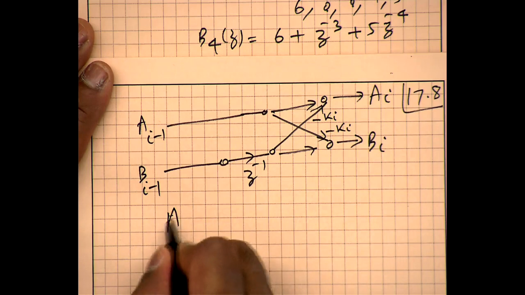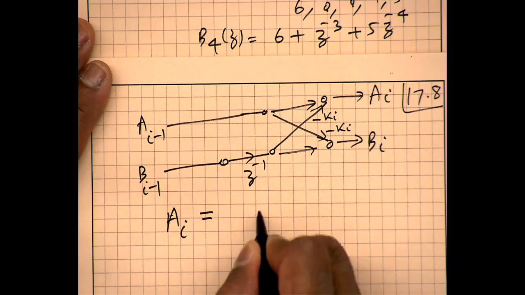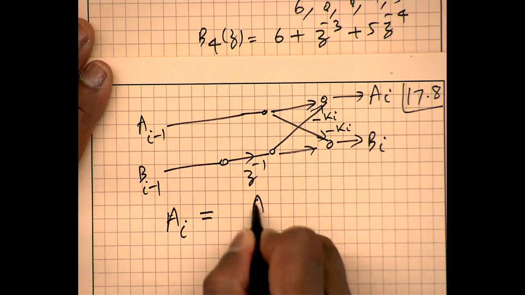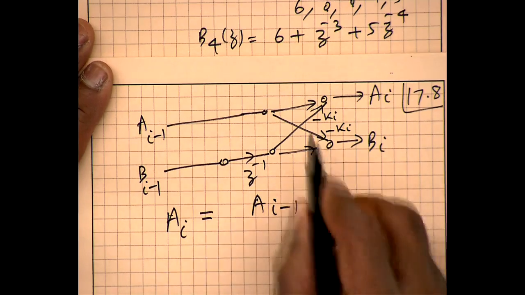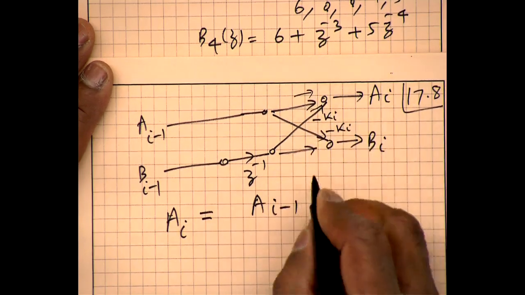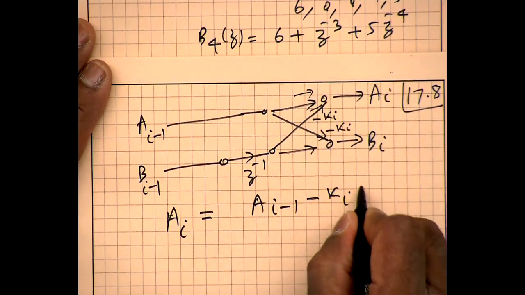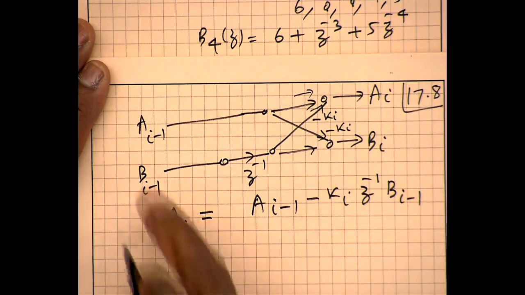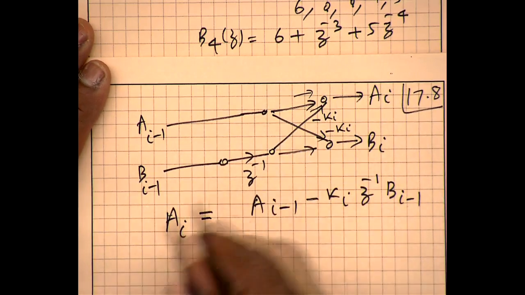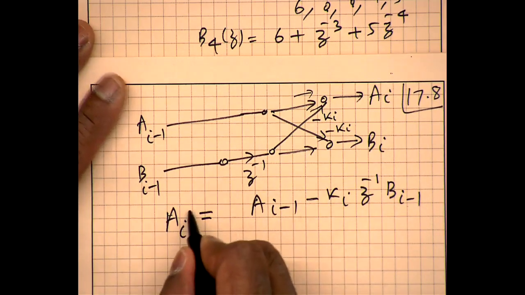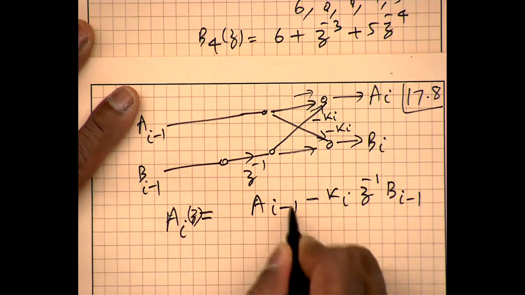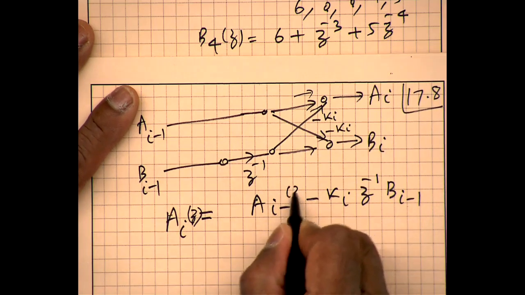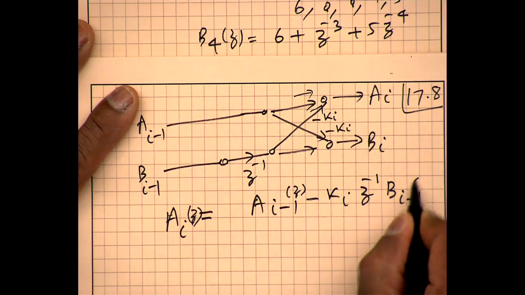So Ai can be written as A(i-1), that's this quantity here, minus Ki z to power minus 1 B(i-1). And all of these are written in z transform domain. I should be writing Ai(z) equal to and so on, but let me just write once.